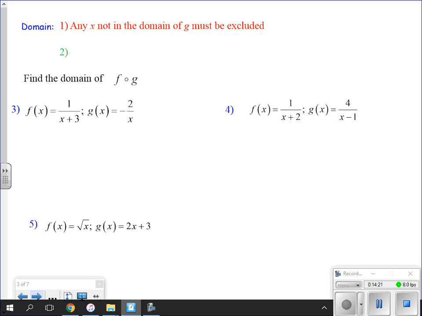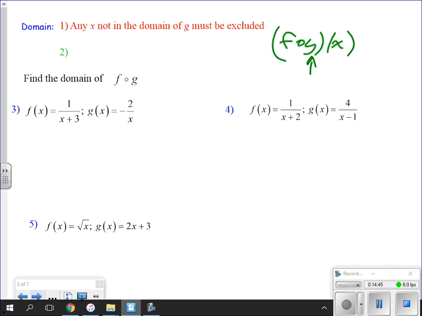Okay. If you're looking at the domain, any X that is not in the domain of G must be excluded. So if you're dealing with F composed of G of X, nothing that's not in the domain of G is allowed.